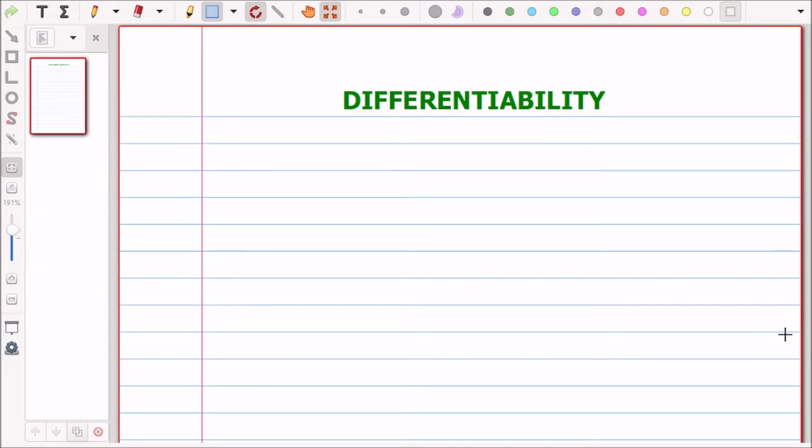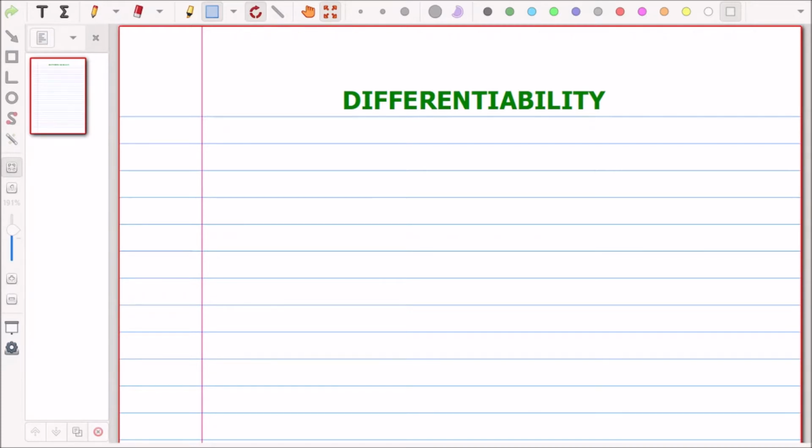And then we did some examples of functions which are differentiable and functions which are not differentiable, right? Yes. Reply yes or no. Yes, sir.